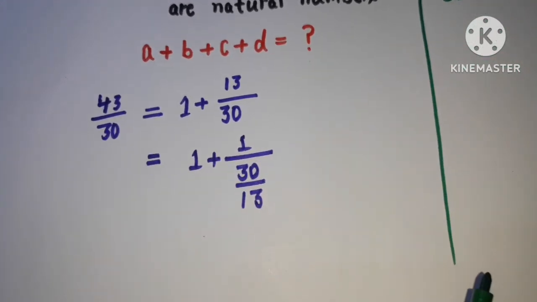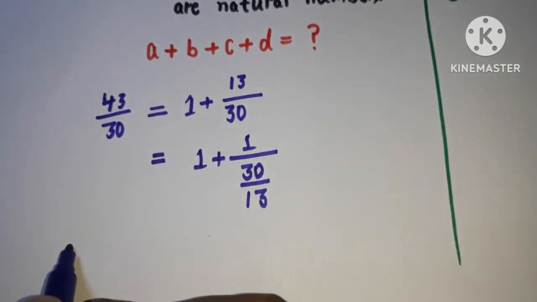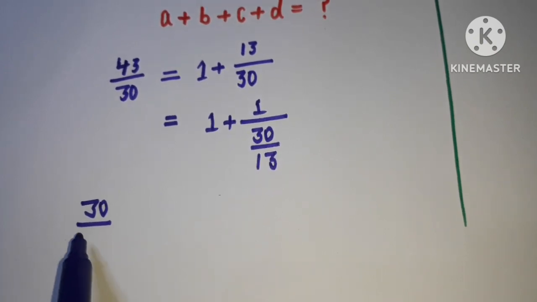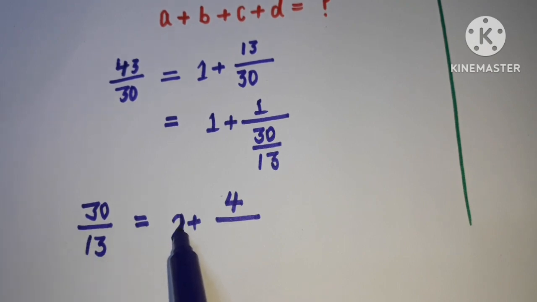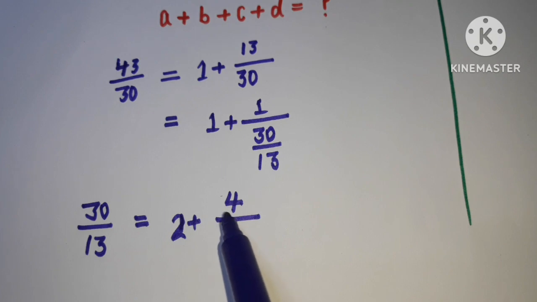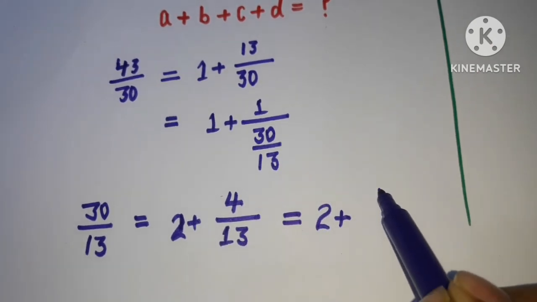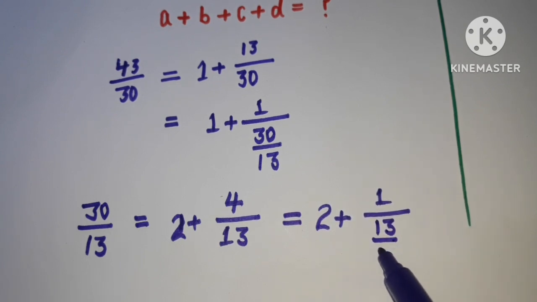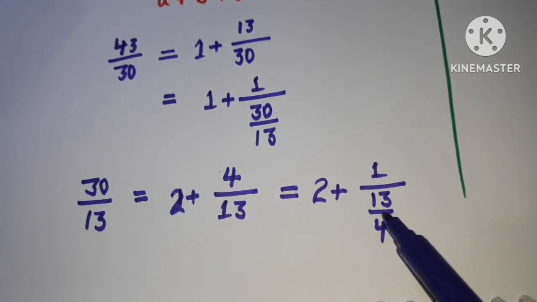So 30 divided by 13 can be written as 2 plus 4 upon 13, and this can also be written as 2 plus 1 upon 13 by 4, which is also in rational form.